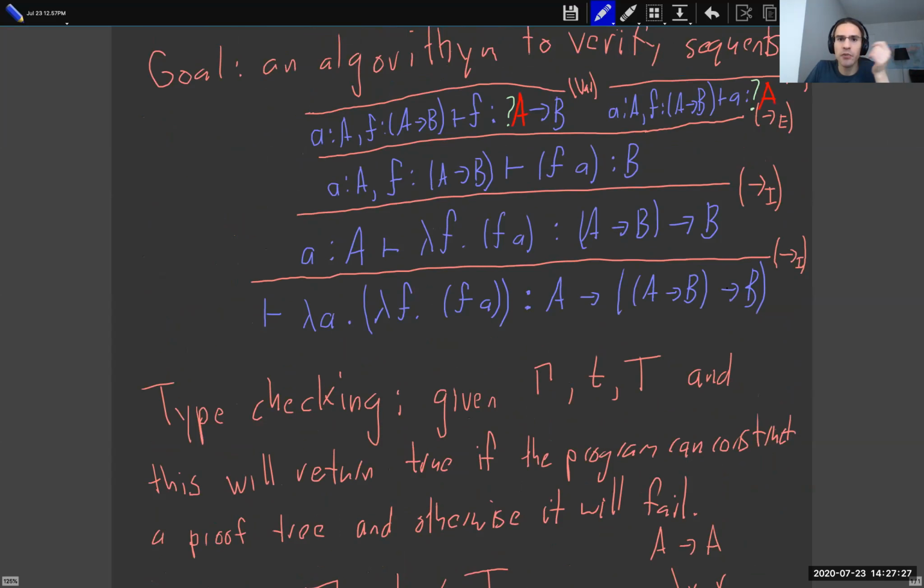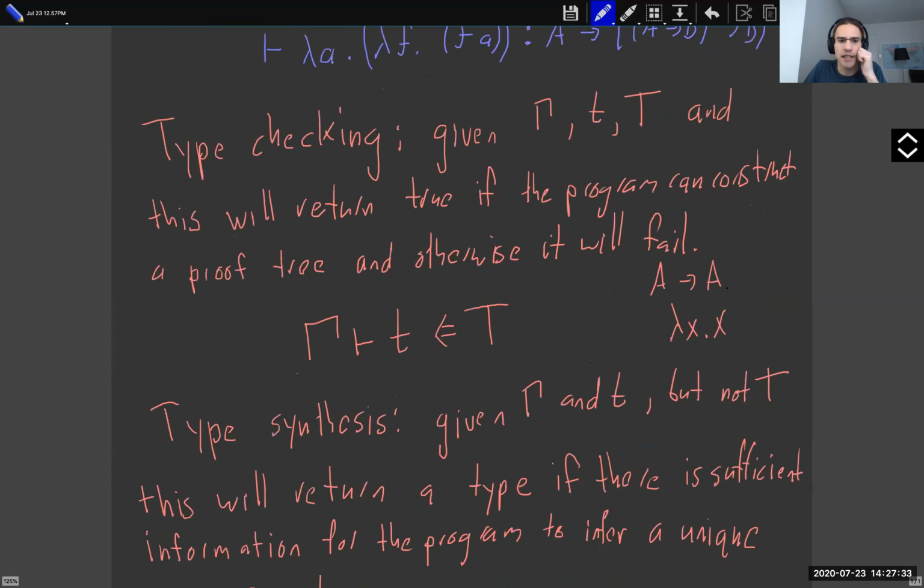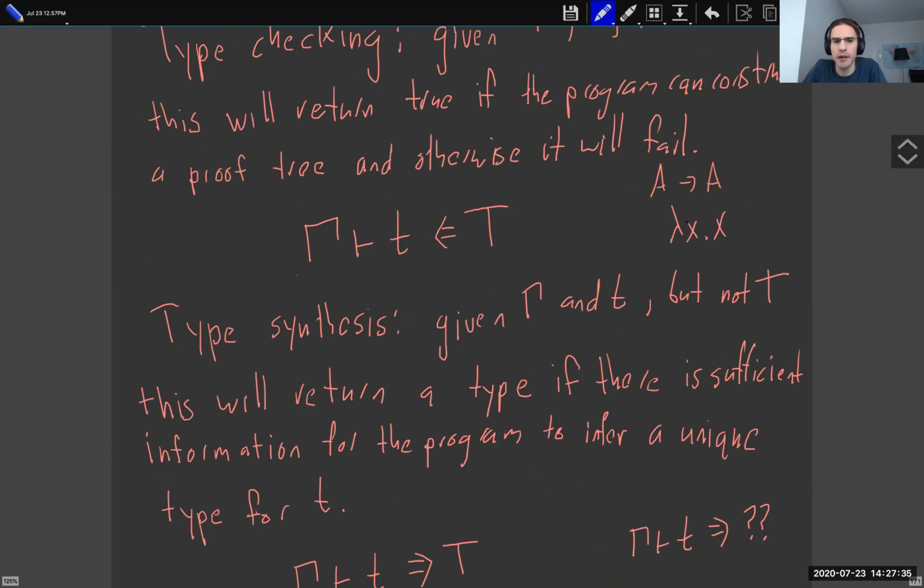And so then we really have a different computational problem on our hands, and that's type synthesis. So in the course of type checking, sometimes synthesis has to happen. And so that motivates the idea that there should be two different computational problems, type checking and type synthesis. And these problems are going to depend on each other.